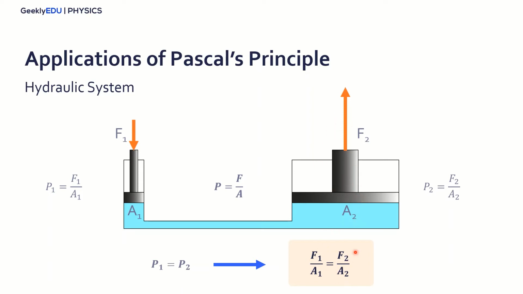So in order for these two sides of the equation to be the same, if we have a small area and a small force, and on this side here we have a large area, the force needs to be also large to keep the same ratio on both sides, okay? This is the principle that we use in most of the hydraulic systems.